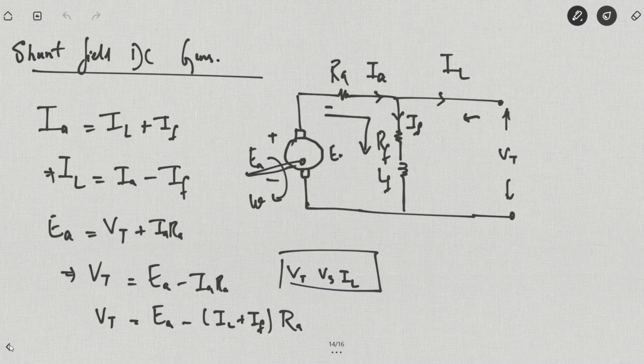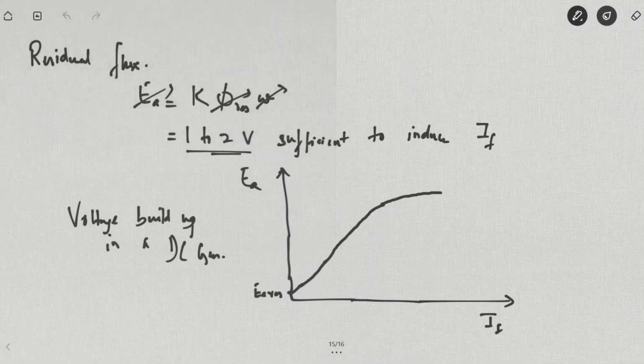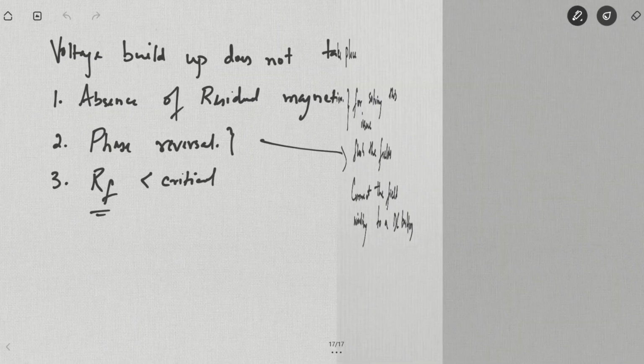Going back to the terminal characteristics, we have this equation: VT is equal to EA minus IL RA minus IF RA.